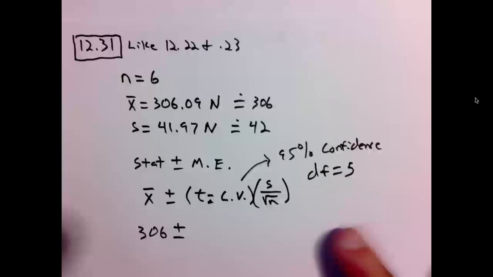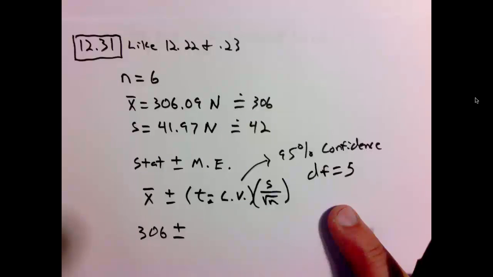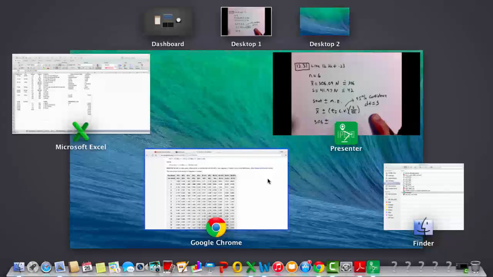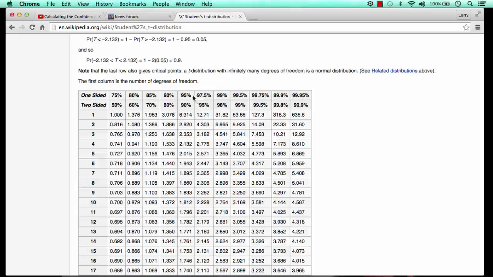So back to our table. Alright. We want a 95% confidence. We look at our two-sided 95% confidence, and we move down the table until we see 5 degrees of freedom, and that is 2.571. You see right there.